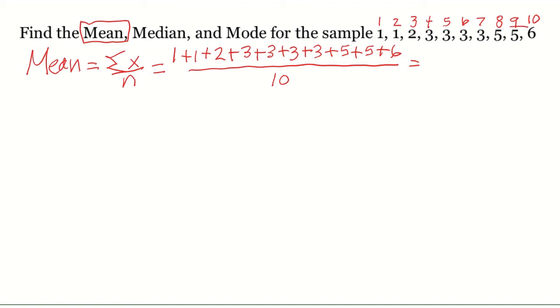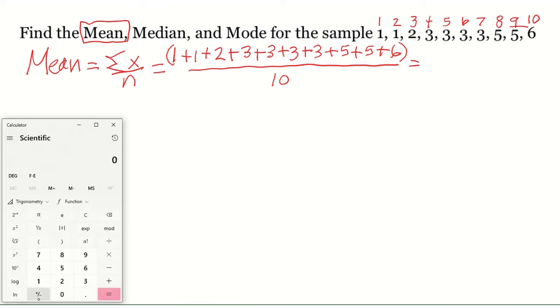You want to remember, if you're using a calculator to add everything, you want to put parentheses around all of the terms of the numerator before you divide by the denominator. So let's go ahead and plug that into our calculator.